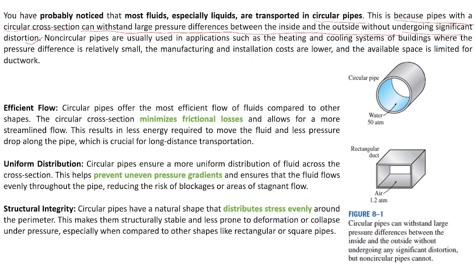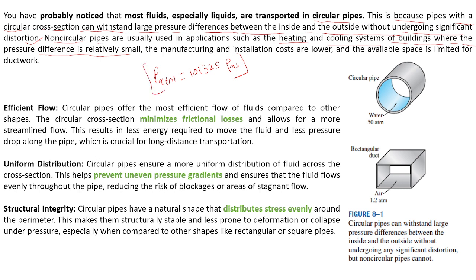Now what about the non-circular? Non-circular pipes are usually used in applications such as heating and cooling systems of buildings, where the pressure difference is relatively small. As you know, the atmospheric pressure is how many Pascal?